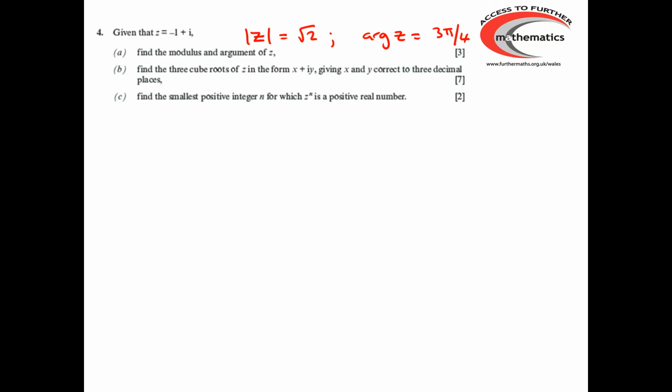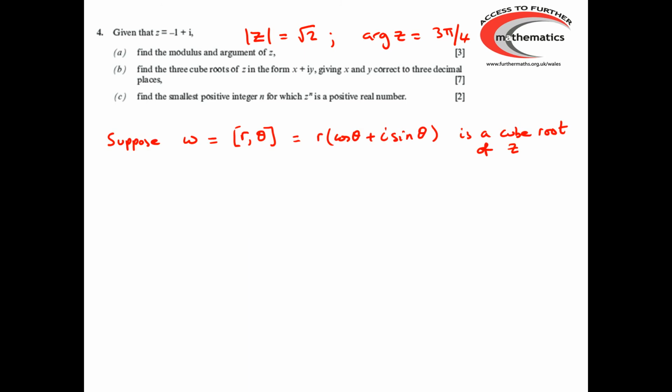So we've now got to find the 3 cube roots of z, giving them in the form x plus iy. So let's suppose that w with modulus r and argument theta is a cube root of z. Then we want w cubed to equal z.